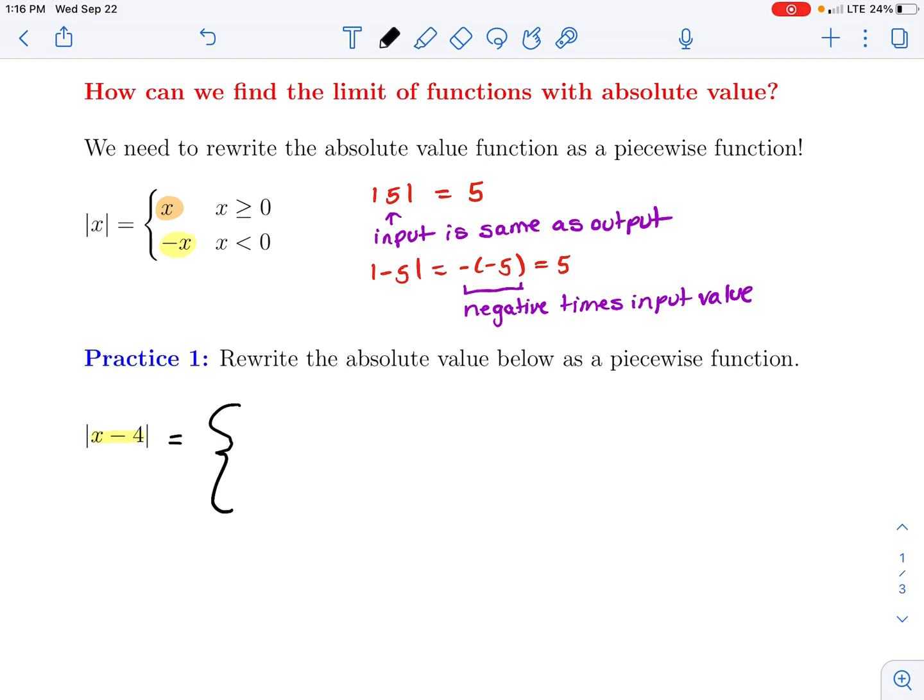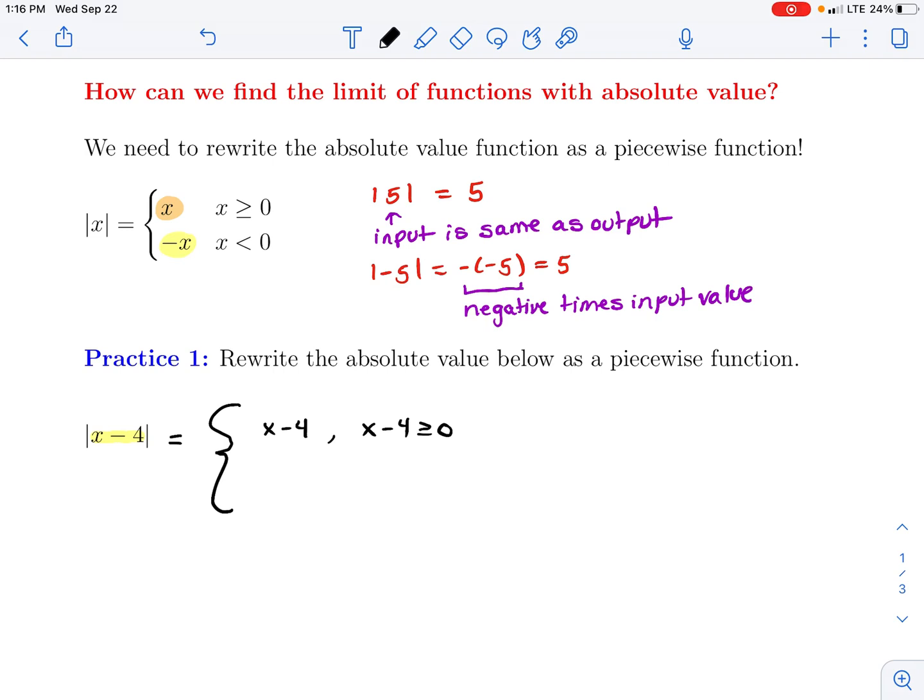So here, I'm saying that I'm going to get out my same input as long as x minus 4 is greater than or equal to 0. Okay, so as long as this input here is greater than or equal to 0, then my input is going to be the same as my output.